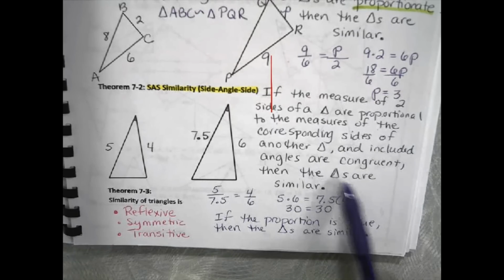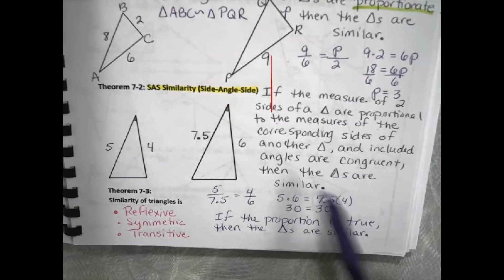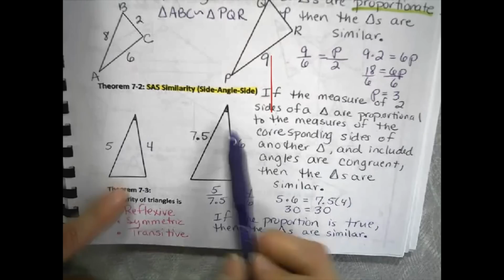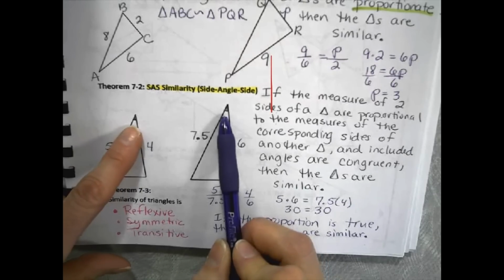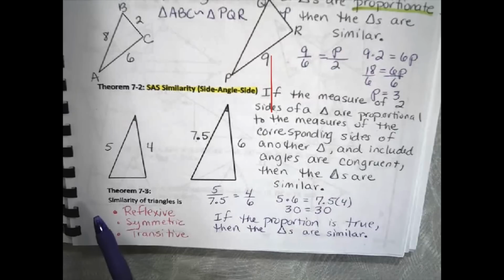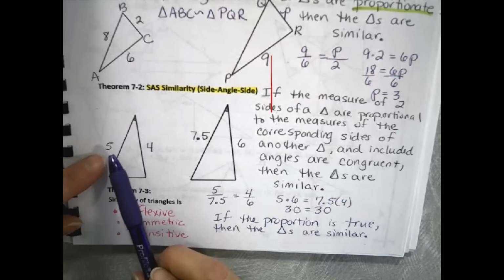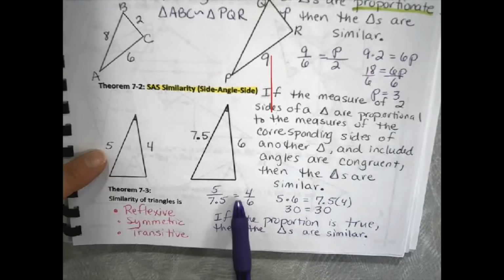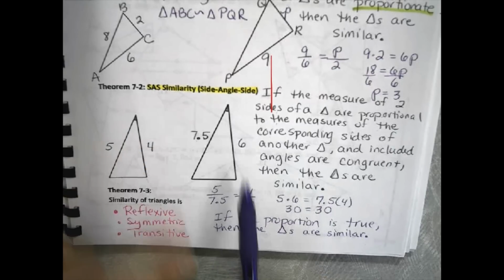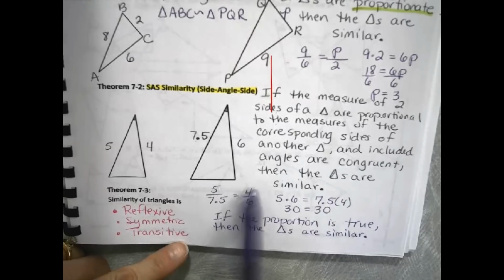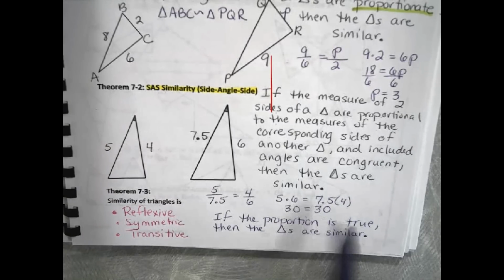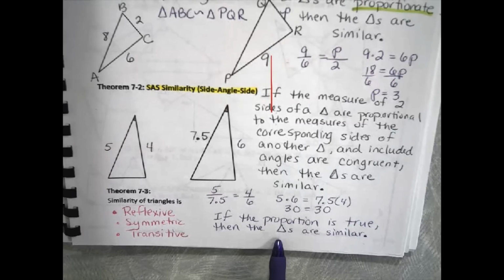So in this case, I would have a triangle here in which I have two angles already marked, and it says that these two angles are congruent, and I would check to see if 5 divided by 7.5 is proportional to 4 divided by 6. If I cross multiply and simplify, I get 30 equals 30. So I conclude that yes, if the proportion is true, the triangles are similar.